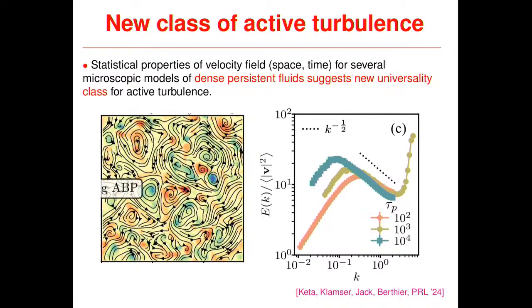And in between, the system looks like it has some kind of algebraic behavior for the velocity correlations in space. So it's not like turbulence where you have totally scale-free systems.